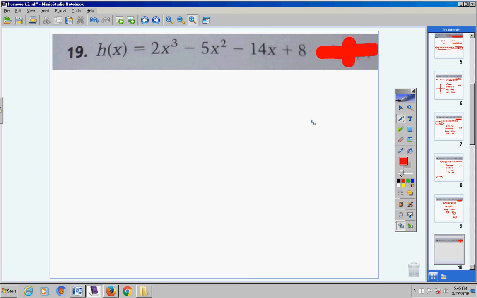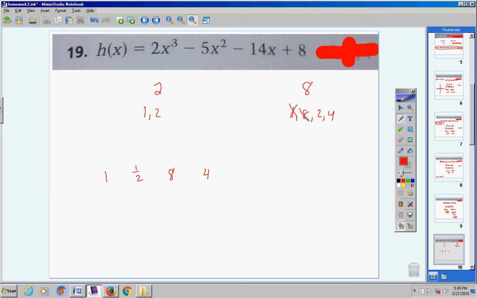So we're going to have to list out the possible rational zeros. So here we go. My leading coefficient is 2. My constant term is 8. The factors of 2 would be 1 and 2. The factors of 8 would be 1 times 8 and 2 times 4. Put 1 over 1, 1 over 2. Done with 1. Put 8 over 1 and 8 over 2.